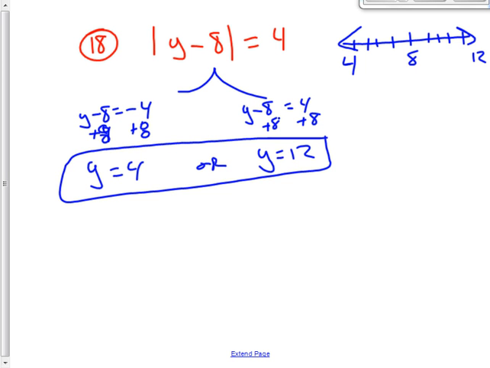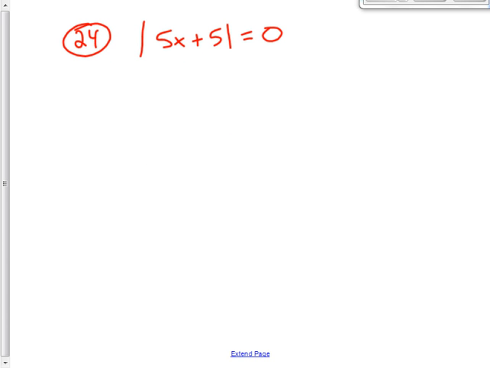So I can plug in those two numbers into my equation. Same thing happens if I have it equal to 0. I want to go 0 units away from where I started. That's what this is saying. If I go to the left, I get 5x plus 5 equals negative 0, which doesn't make any sense, and 5x plus 5 equals positive 0.